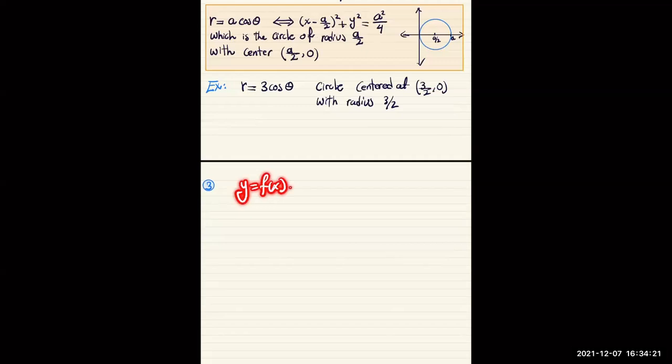If I do f of x plus 1, this shifts the graph of f of x up by 1. But if you have r equal to f of theta plus 1, this is not a vertical shift. We are not in the rectangular system. That one does something entirely different.